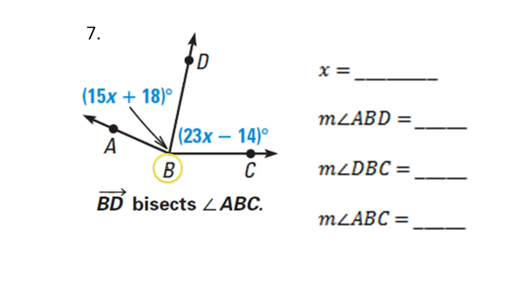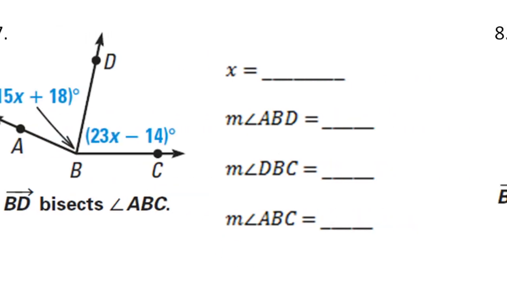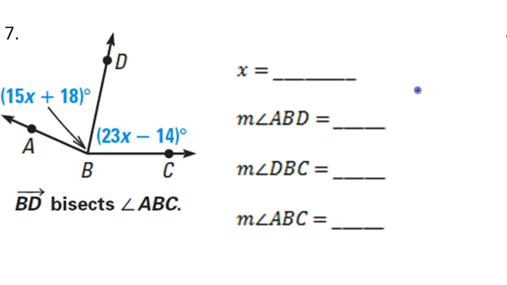Alright, oh look, BD is the bisector once again. That means these are two congruent halves once again. So let's set up an equation and solve it once again. So let's see, I'm going to squeeze it in over here. So 23x minus 14 should equal 15x plus 18.